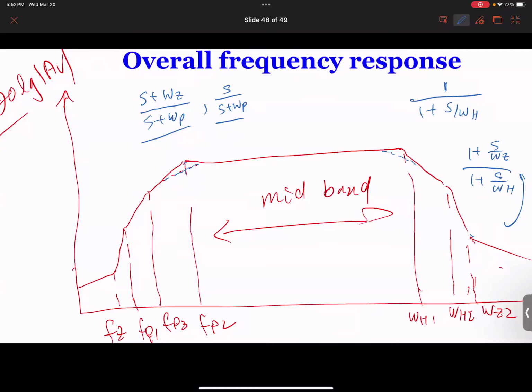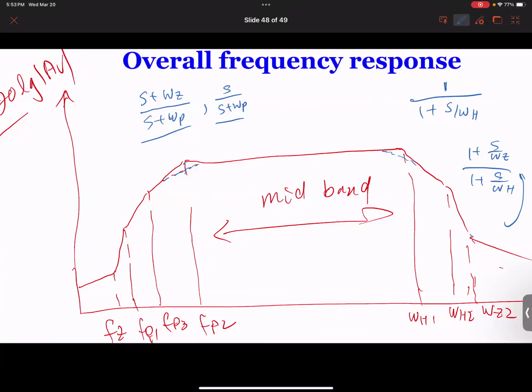For high frequency, you can have either 1 over 1 plus S over omega H, or you can have 1 plus S over omega Z divided by 1 plus S over omega H. So the way that it's written is to make sure the numerator and denominator become 1 in the middle band, regardless. Okay, so this is how you do it.